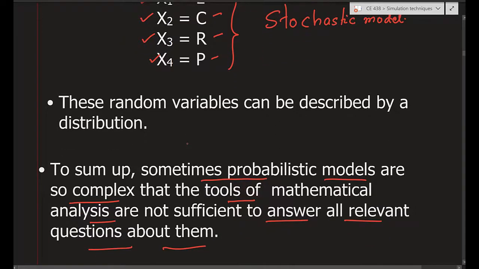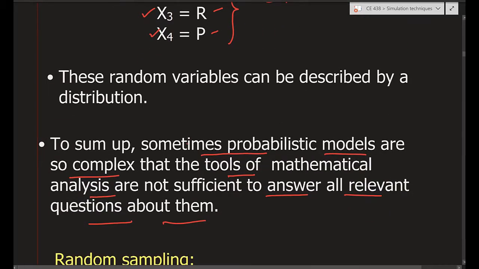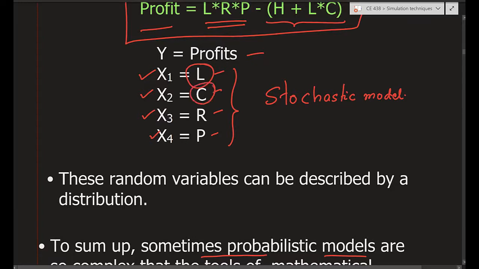In those cases we can answer the relevant questions using simulation techniques. So we will simulate these inputs, and correspondingly the output will also be simulated, and then we can give the inference of the result, like what is the mean, what is the standard deviation, what is the 95th percentile. All these things we can give once we simulate the input values and the corresponding output values from this model.